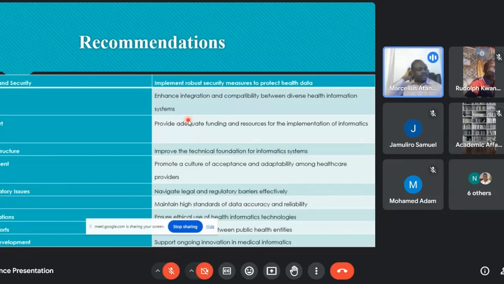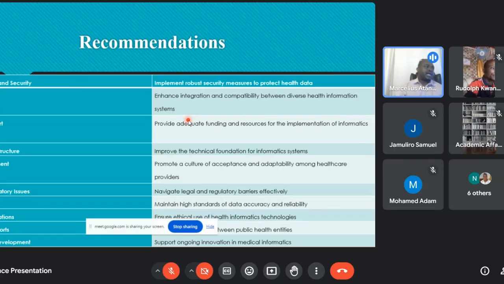Increase financial support. So we're recommending that financial consideration be given in the acquisition of advanced technology for the betterment of the patient's health.